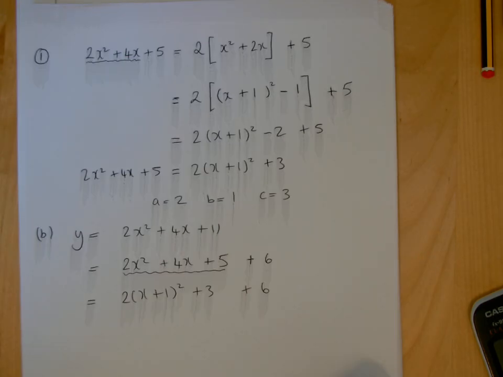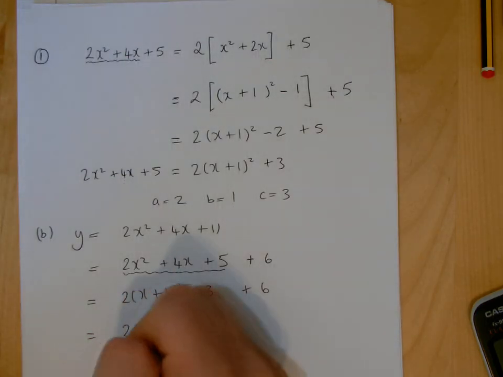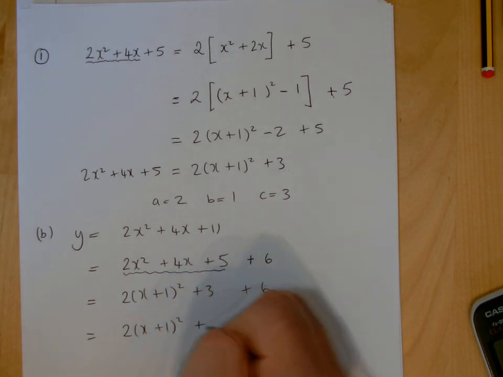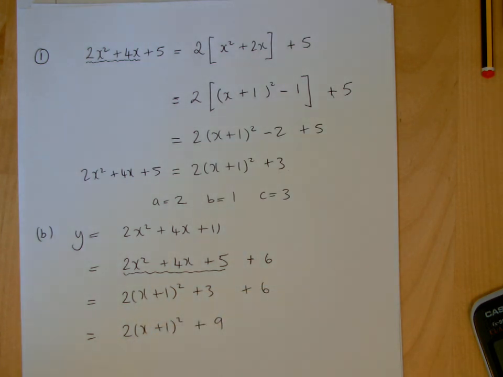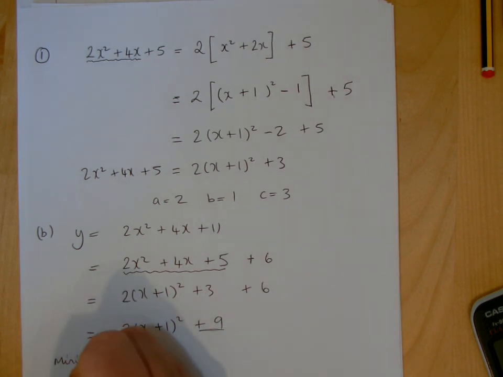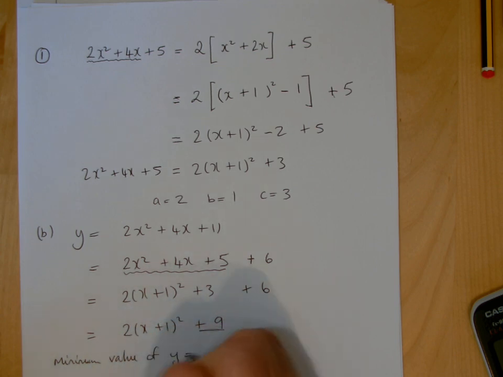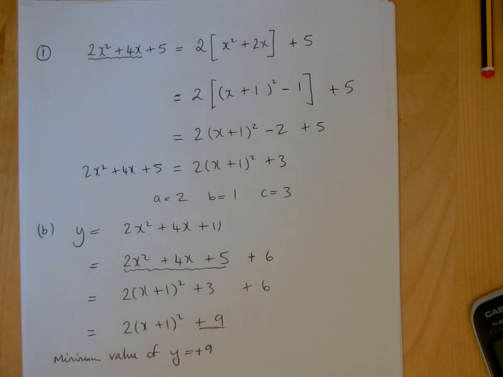So again then, I can simplify this to be plus 9. Now straight away then I can write down what my minimum value is, and I can even write down where it occurs. So minimum value is always this here, yeah? So the minimum value of y is equal to plus 9. I don't know why I'm saying minus 9, but it's plus 9, isn't it?